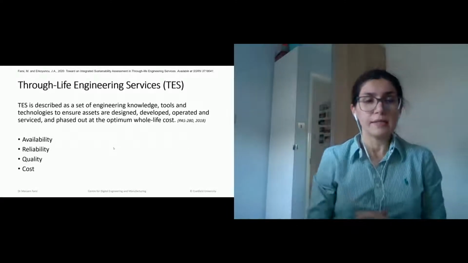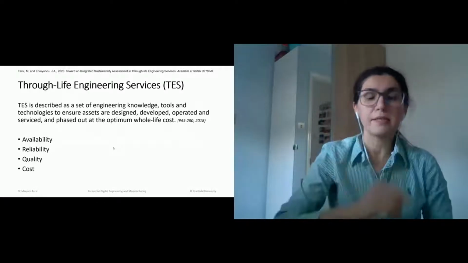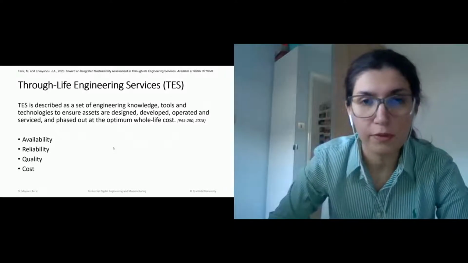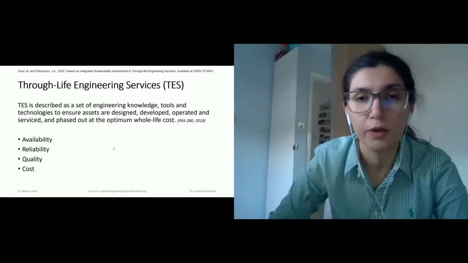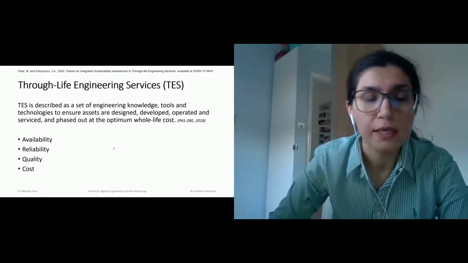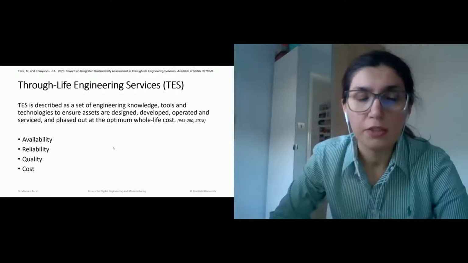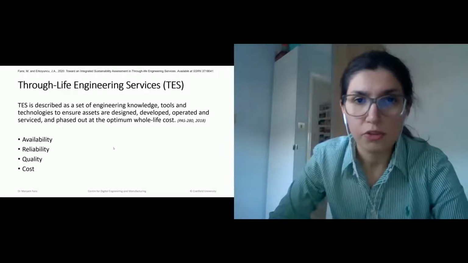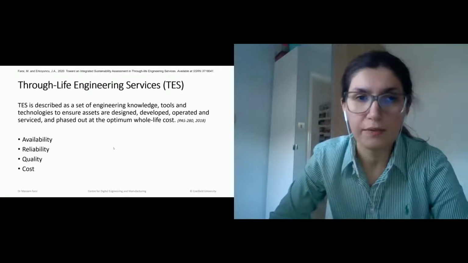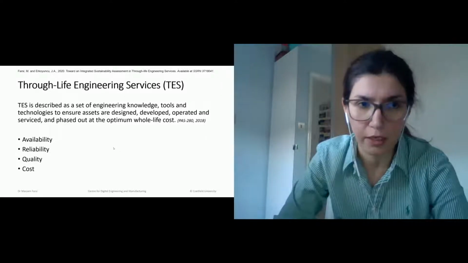So let's remind ourselves about the description of TES based on the ATI document and task 280, which I'm sure we've had a few times from the different talks in this conference. TES can be described as a set of engineering knowledge, tools, and technologies to ensure the assets are designed, developed, operated, serviced and phased out at the optimum whole life cost.